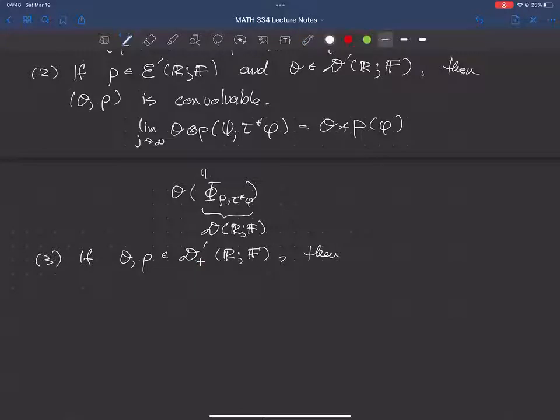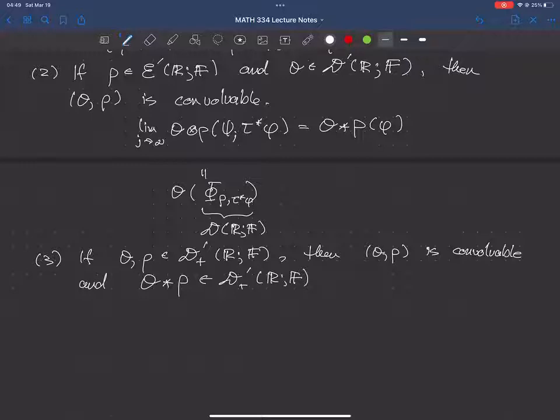Then this is convolvable, and the convolution also has support bounded on the left.